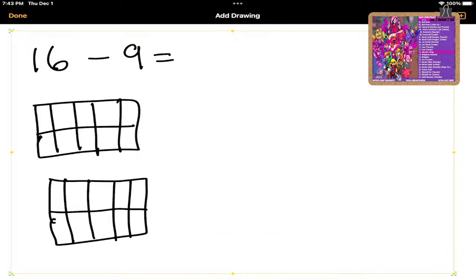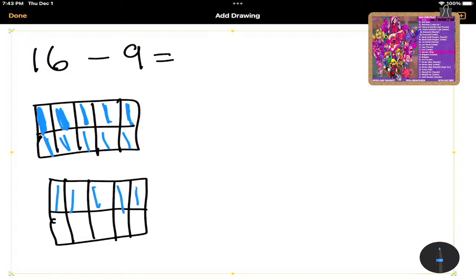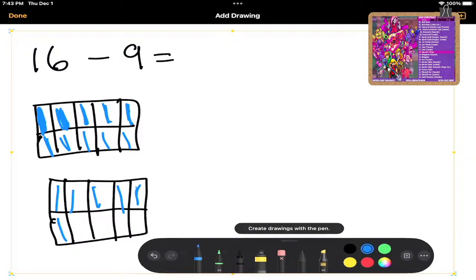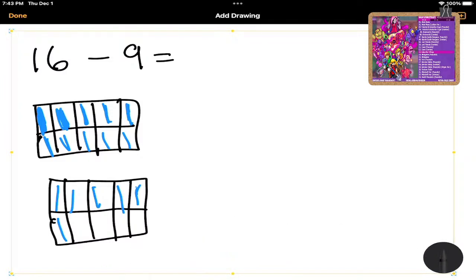So you're going to put 16 here. 1, 2, 3, 4, 5, 6, 7, 8, 9, 10, 11, 12, 13, 14, 15, 16. And the first equation is, look, you have all of this space.